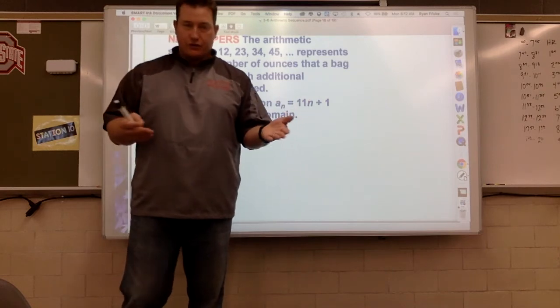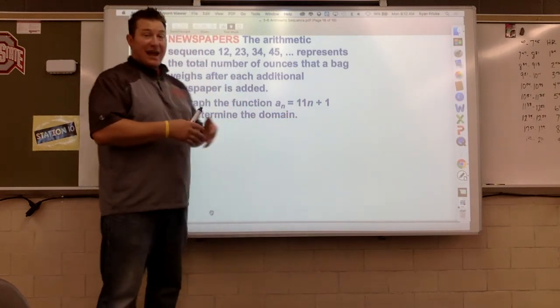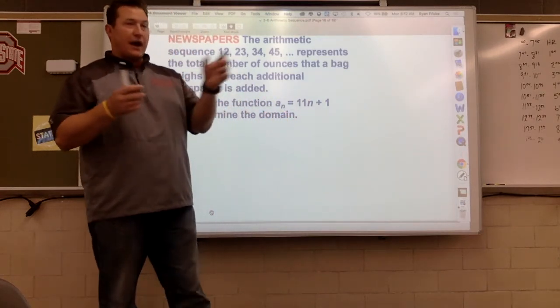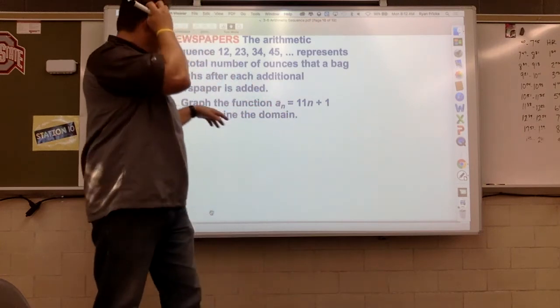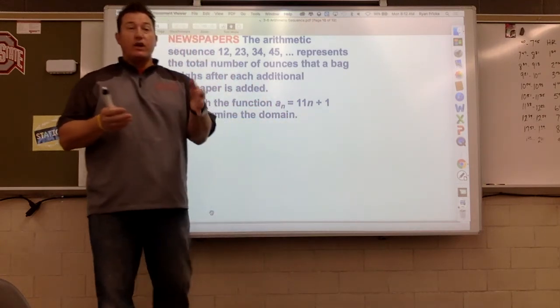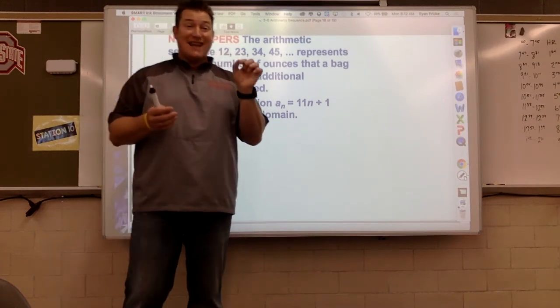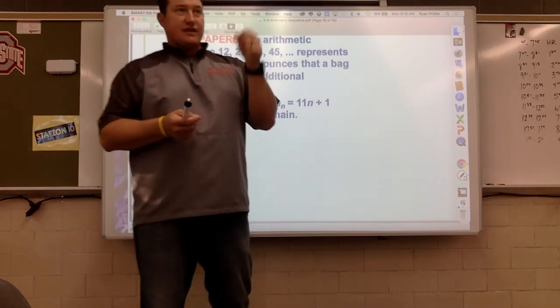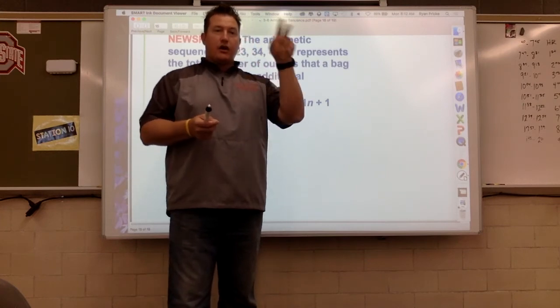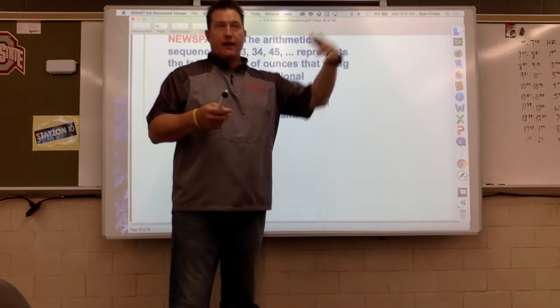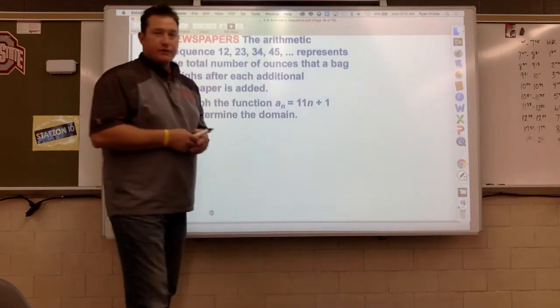There aren't half terms in this sequence or any other, fractional piece as well, okay? So the domain, we would just say, is all, in this case, natural numbers, because natural numbers start at 1 and go 2, 3, 4, 5, 6, 7, 8, 9, all the way on to infinity.